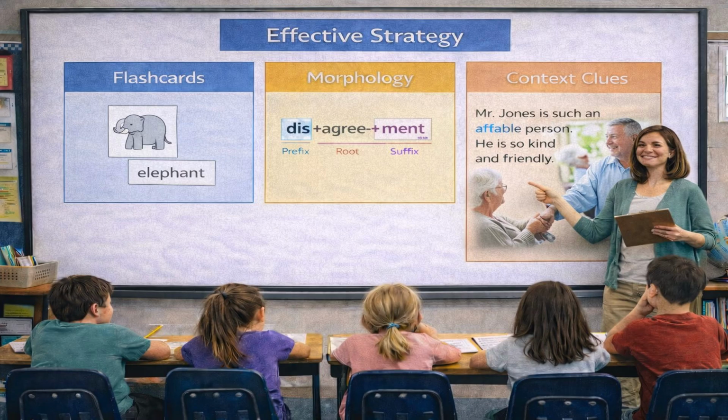This type of context clue is called a synonym clue, because the sentence gives words with similar meaning. Also, there are other types of context clues, such as antonyms, definitions, examples, and inference. These different types help students guess meanings in different ways depending on the sentence.